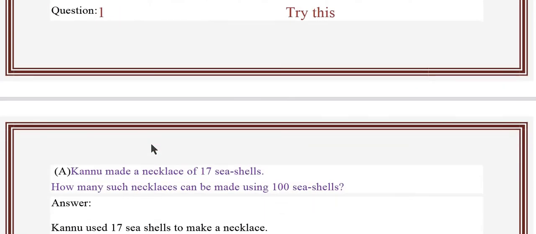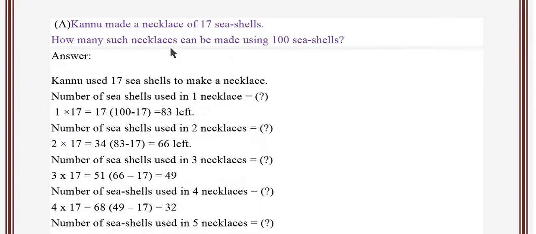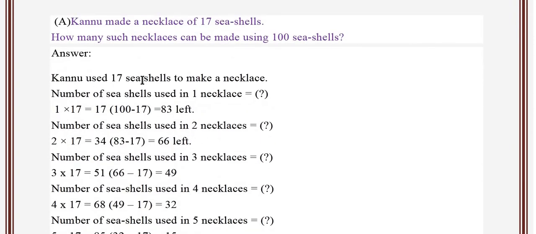Now try this. Question number 1. A. Kanu made a necklace of 17 seashells. How many such necklaces can be made using 100 seashells? Answer. Kanu used 17 seashells, so the number of seashells used in one necklace is equal to 1 into 17, which is 17. 100 minus 17, so 83 is left.